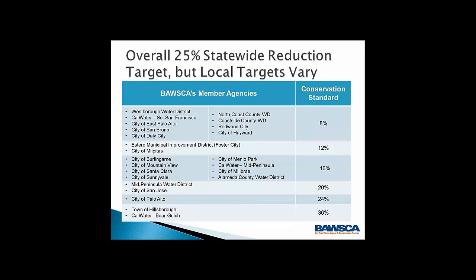And they determined each agency's water use reduction goal based upon its residential per capita use. The conservation standards for the BAWSCA member agencies vary from 8% to 36%, just depending on how much water a given community was using before the drought. You can see we have a lot of agencies in that 8% conservation standard range.